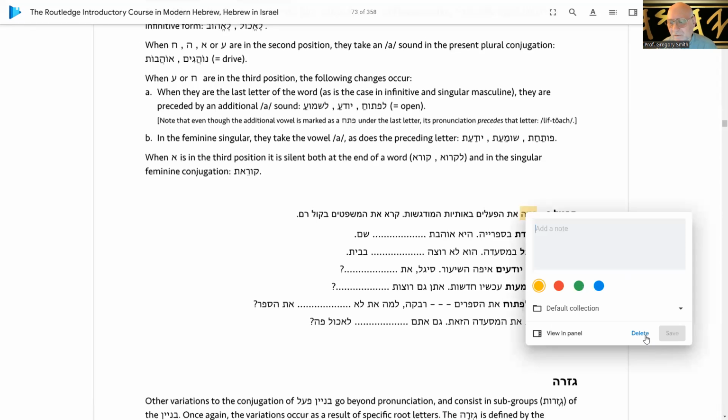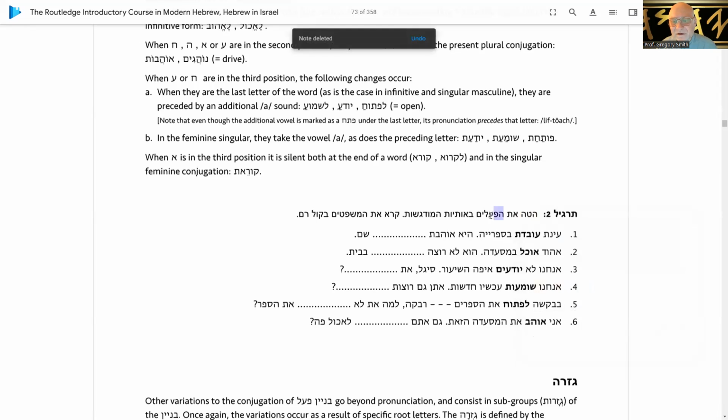Let's get rid of this here. So this is going to be choose the verb pattern, with those letters they're talking about.